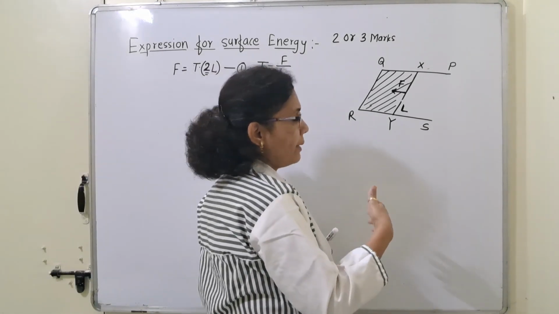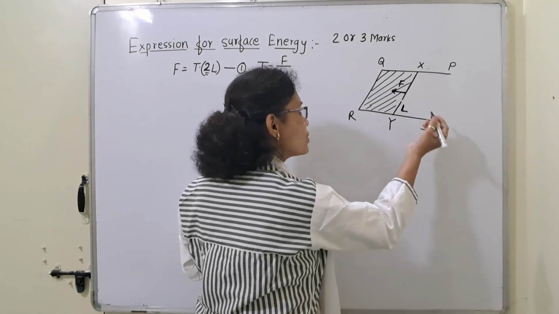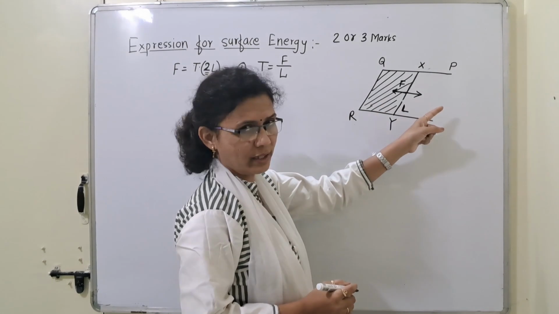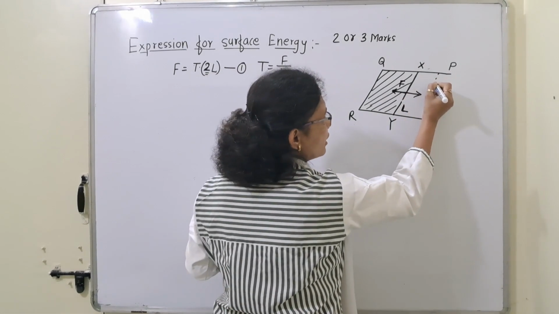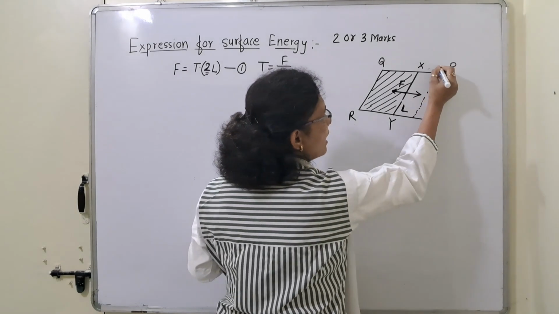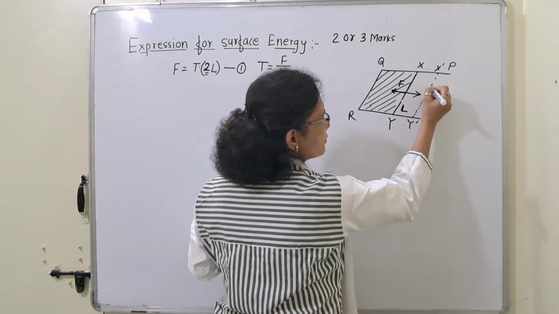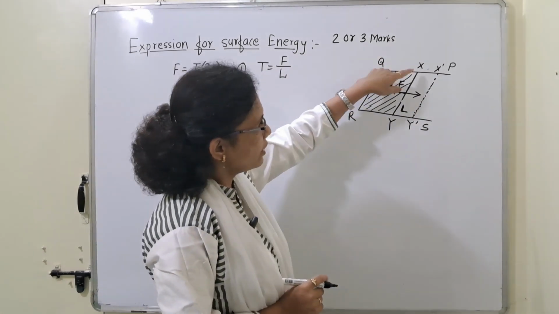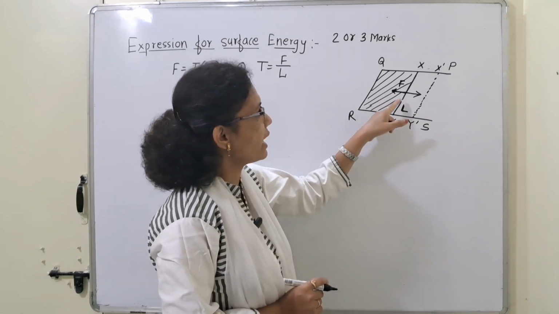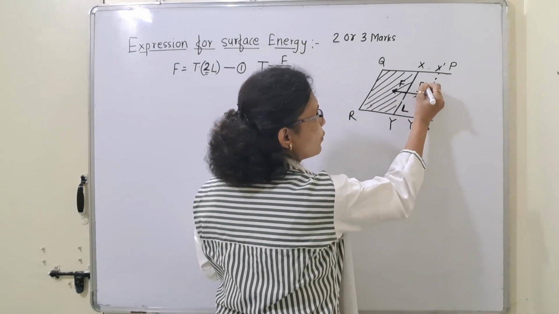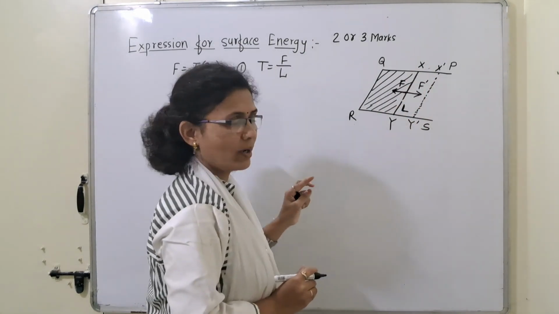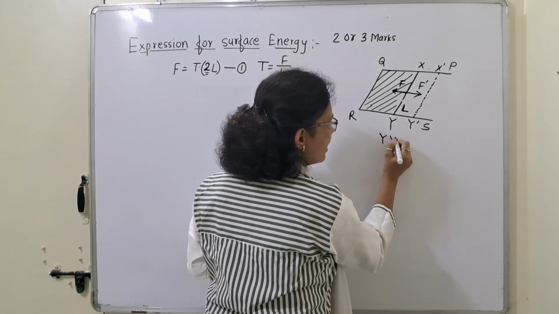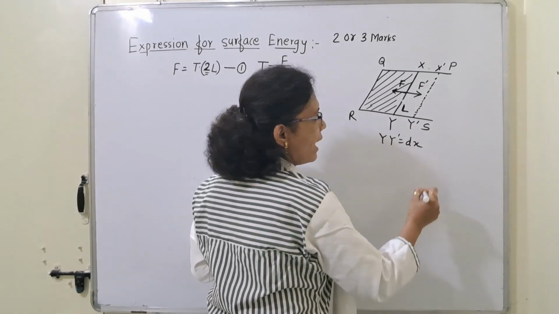Now, if we apply an external force, equal and opposite, on this arm XY towards the rightward direction, and if we take the new position of this arm as X dash Y dash, because we are applying the equal and opposite force F dash on this arm XY, so that it will get displaced through some distance, and this distance we are going to take as dx.